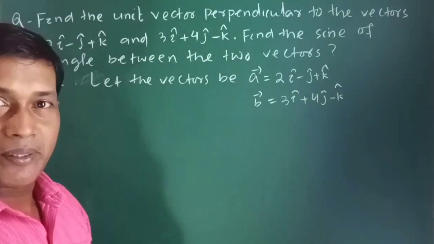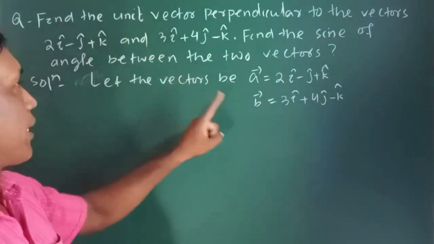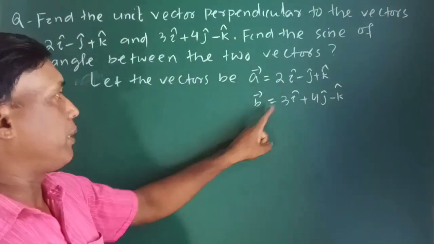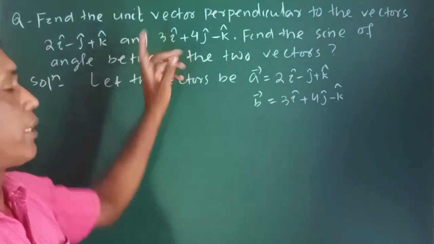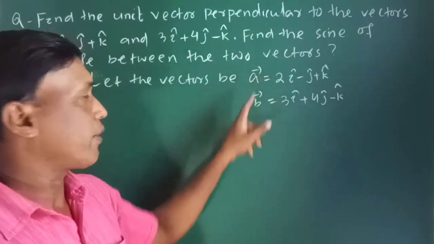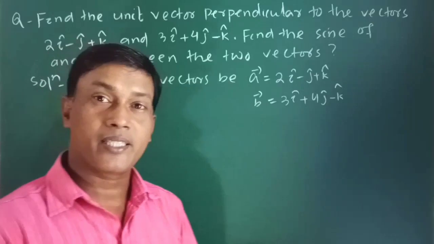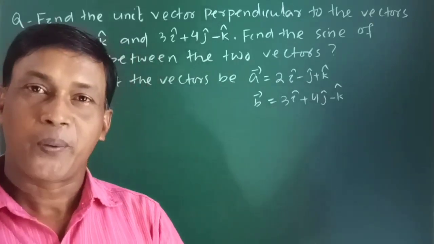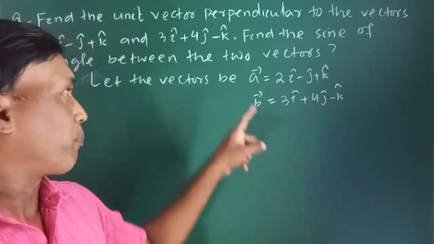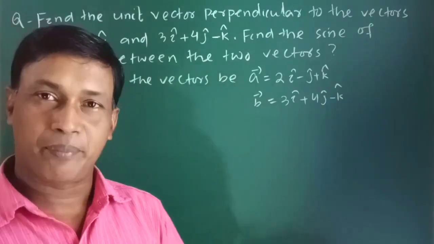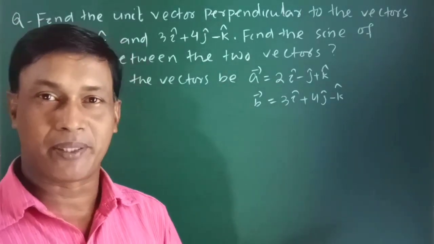Two vectors are given. Suppose these two vectors are denoted by A vector and B vector. The question is to find a vector which is perpendicular to both A and B, and then to find the unit vector.